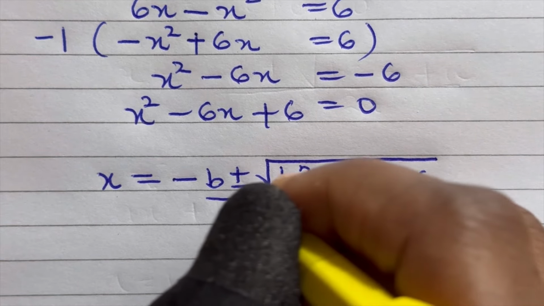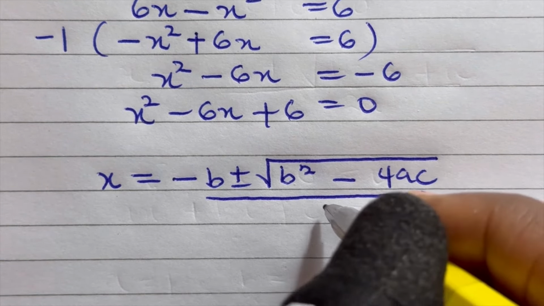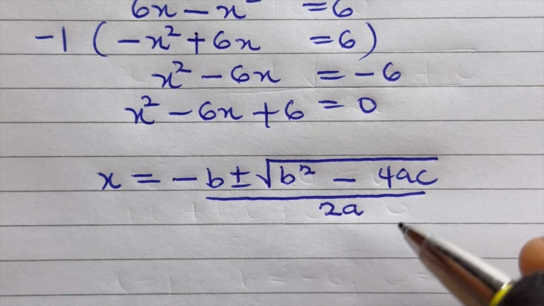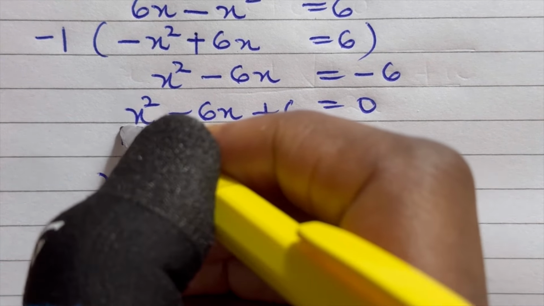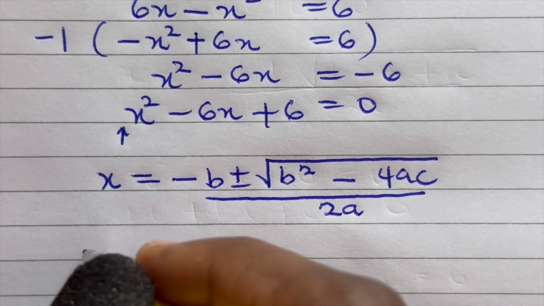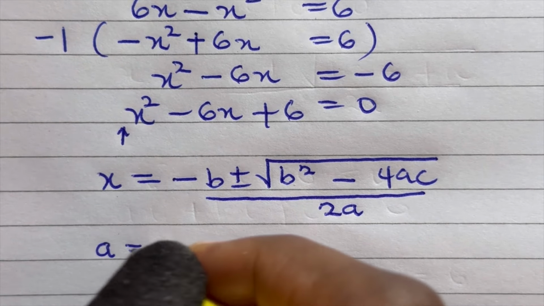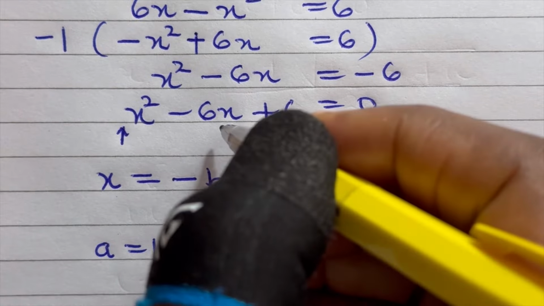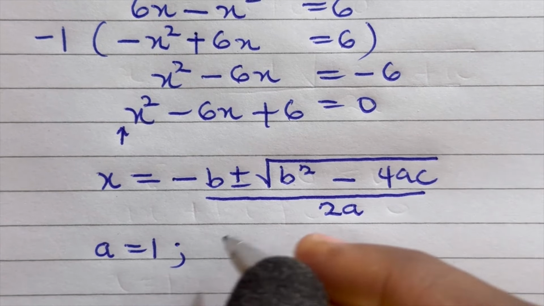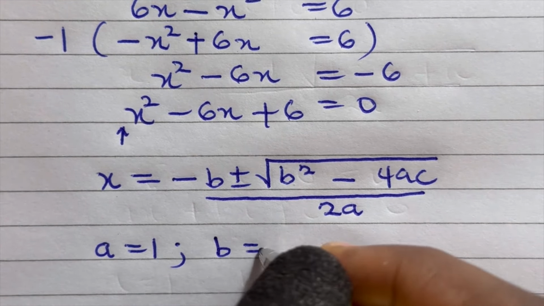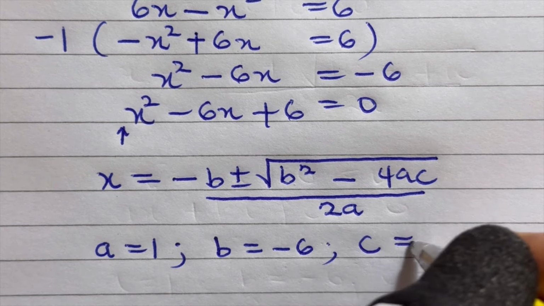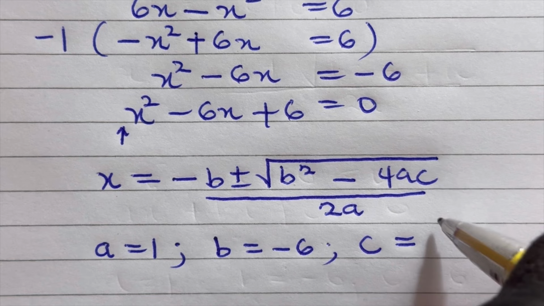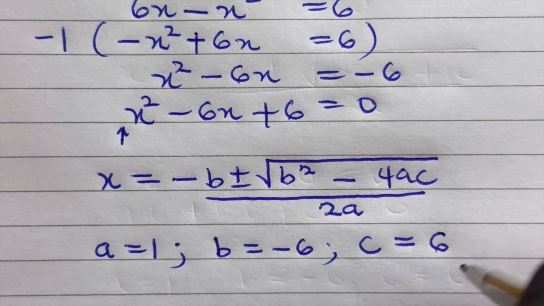I will tell you what a, b, and c are very quickly. A is the coefficient of x squared here, which happens to be 1. So I will say a is 1. B is the coefficient of x here, which happens to be minus 6. And finally, c is positive 6. So I have 6 here.